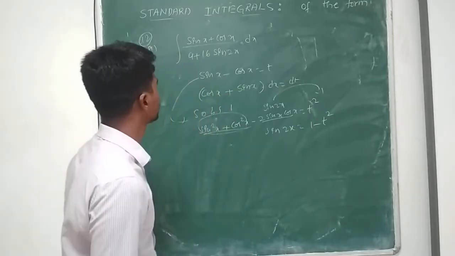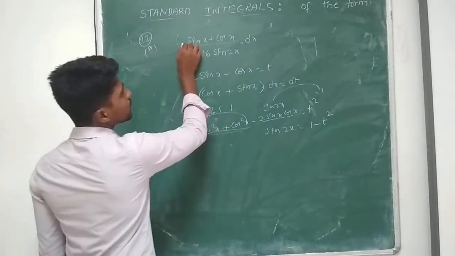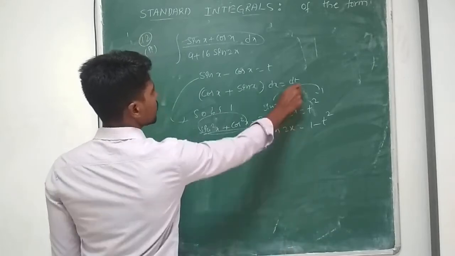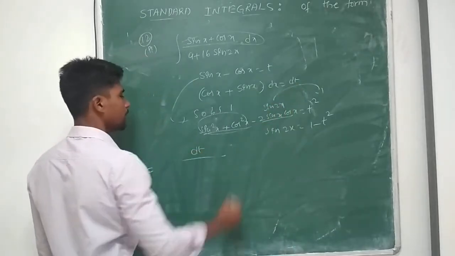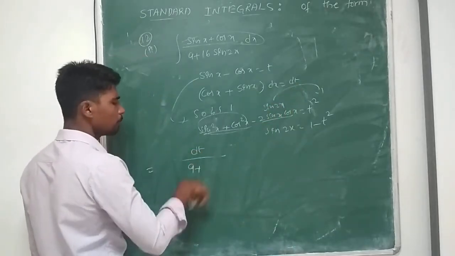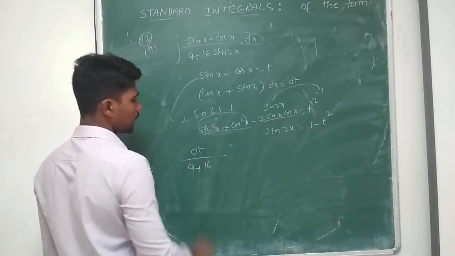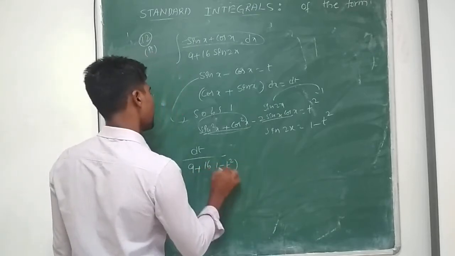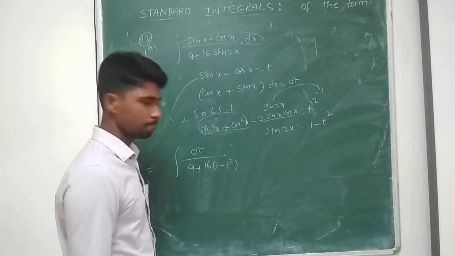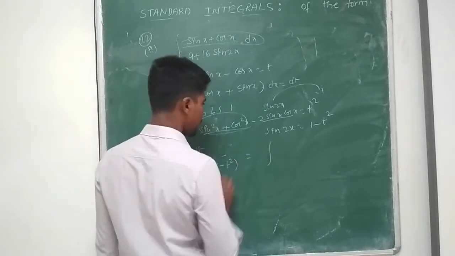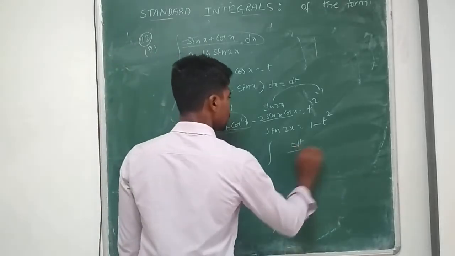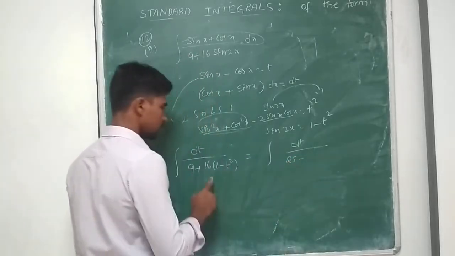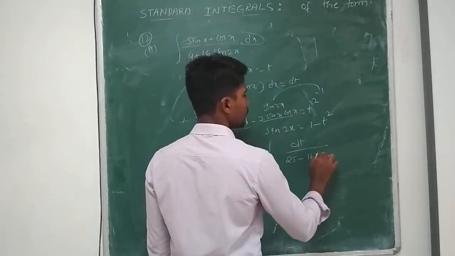Now start substituting. Sin x plus cos x into dx can be replaced as dt. So dt by 9 plus 16 into sin 2x, which is 1 minus t square. Integral. Simplify, this is equal to integral dt by 9 plus 16, 25 minus 16 t square.